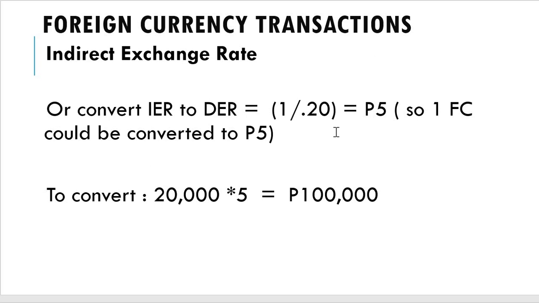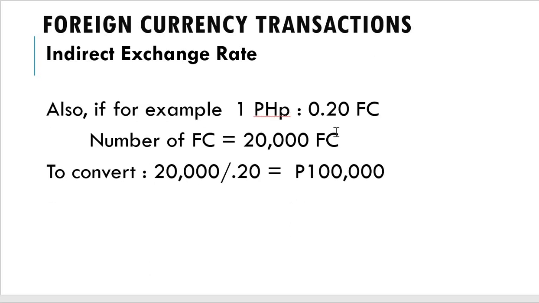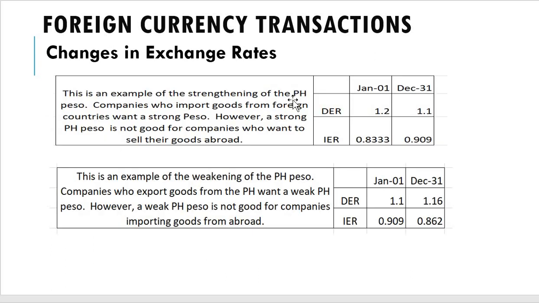Okay, so since na-convert natin siya into direct exchange rate, now to translate that into peso, you simply multiply the number of foreign currency times the direct exchange rate, which is 5. It's actually 100,000. Okay, so it's actually the same with kanina, no? The pag-compute natin o pag-translate natin into peso. Okay?